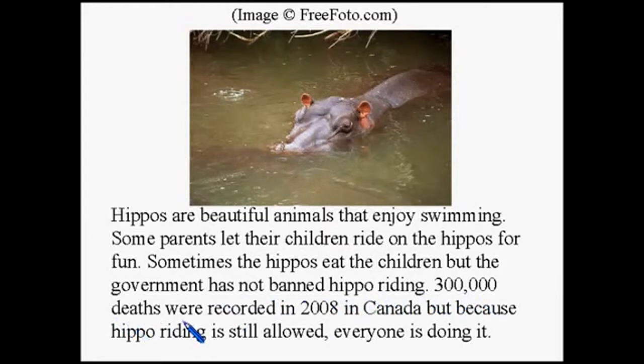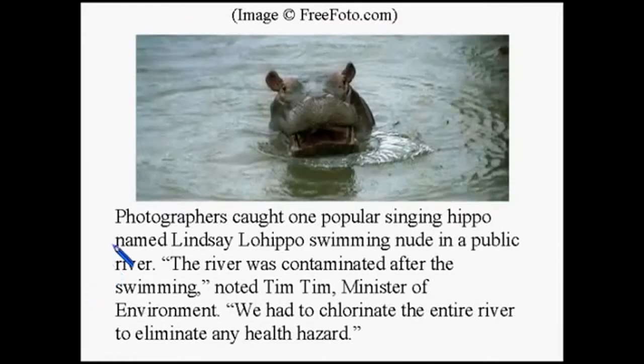300,000 deaths were recorded in 2008 in Canada, but because hippo riding is still allowed, everyone is doing it. Photographers caught one popular singing hippo named Lindsay Low swimming nude in a public river.